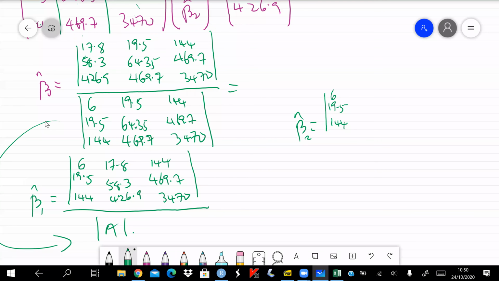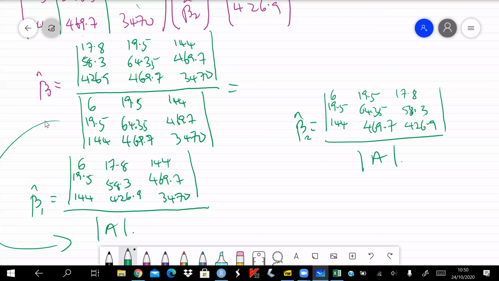Then we have 19.5, 64.35, 469.7. Then now I'm having 17.8, 58.3, and then 426.9 divided by the determinant of matrix A. So the divisor will be obtained just once.